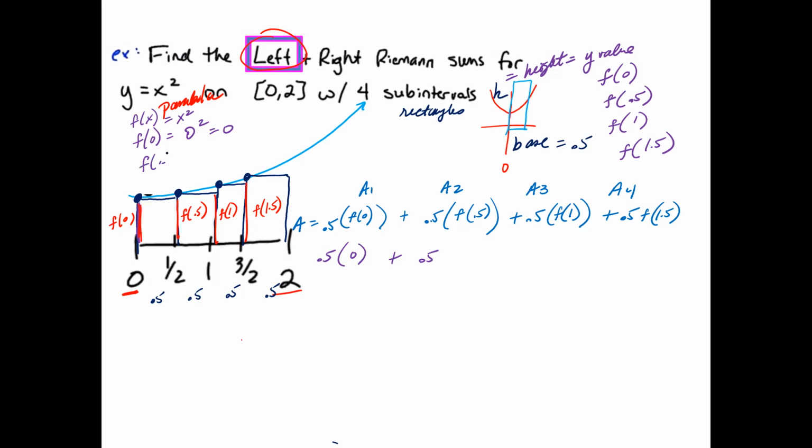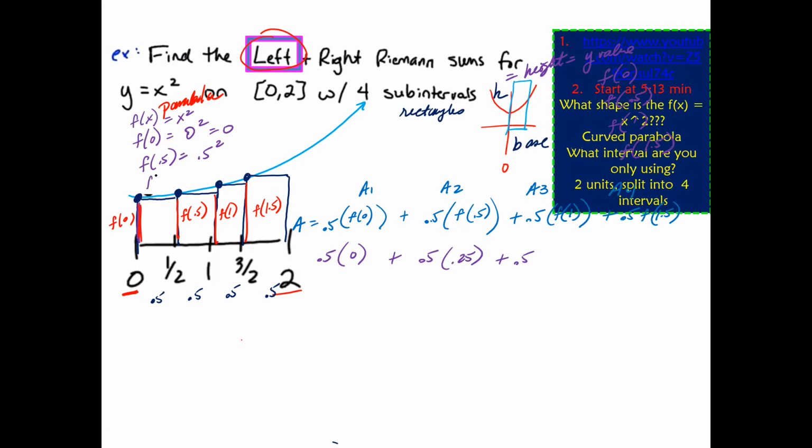Well, what is f of 0.5? That's just 0.5 squared. So 0.5 times 0.5, and that is going to give you some number. So I actually didn't grab a calculator with me, so give me a second. That's going to give you 0.25 plus 0.5 f of 1.